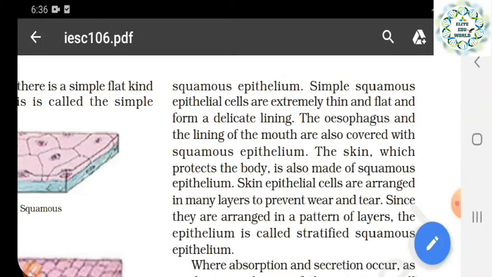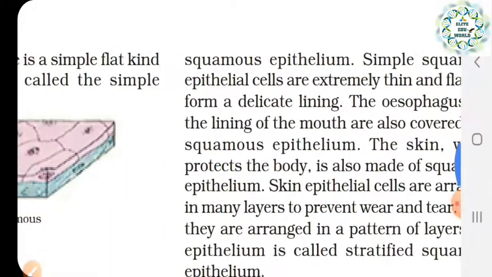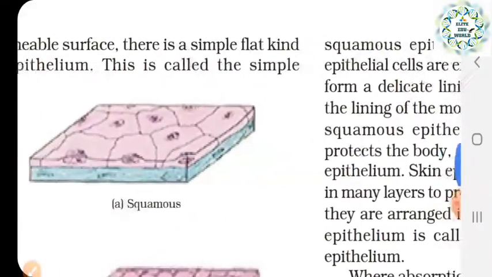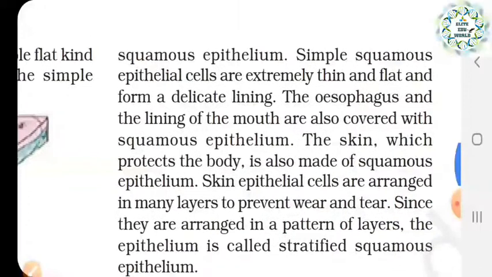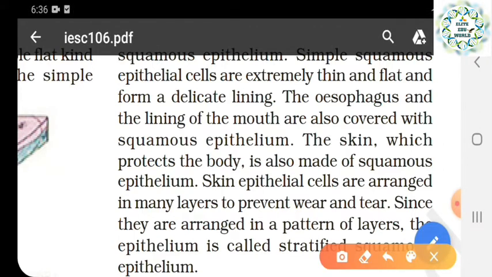Simple squamous epithelium cells are extremely thin and flat, as we have seen in this diagram. They form a delicate lining in the esophagus and the lining of the mouth. This is the second location of the inner linings of squamous tissue, that is the esophagus.